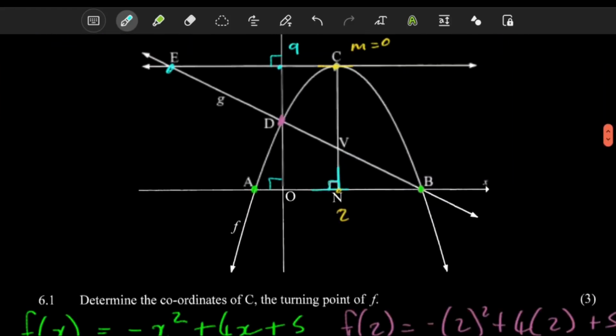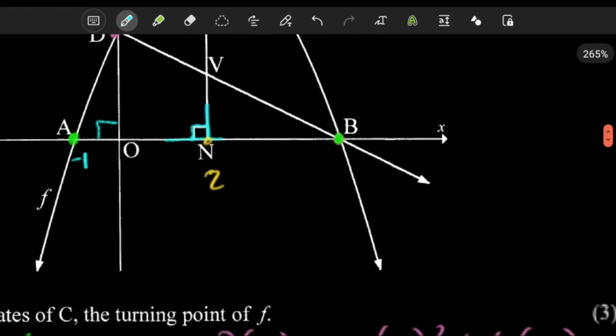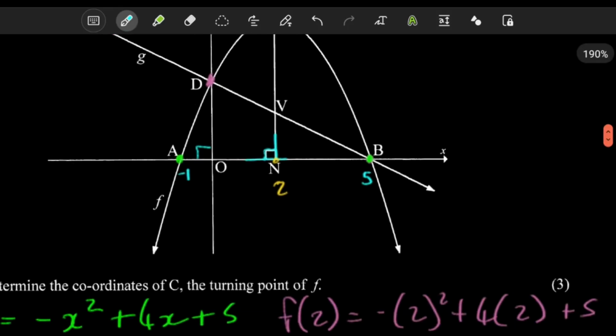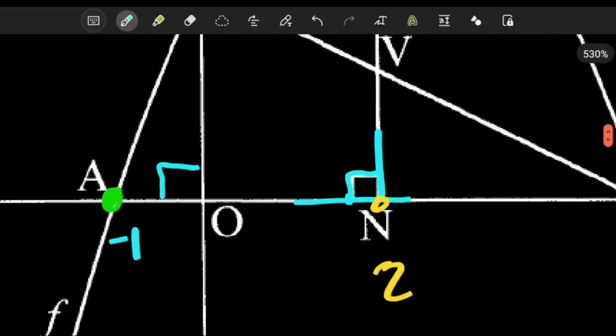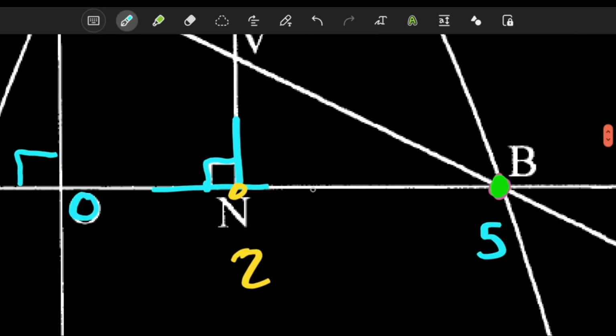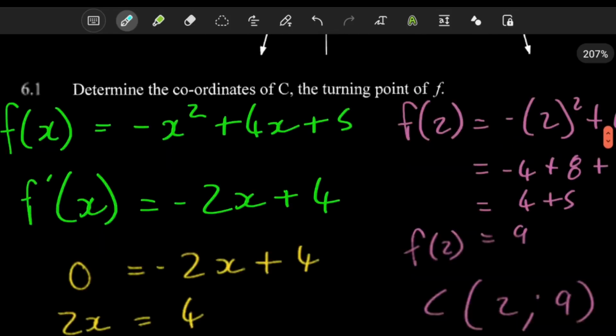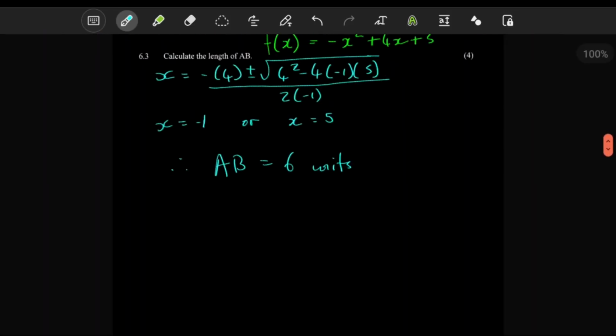So here you're going to put -1, here you're going to put 5. Just logically speaking, this is 1 unit to the left, this is 5 units to the right. So the distance here is 1 plus 5, which is just 6. Therefore AB is equal to 6 units, because you're looking at the distance from the origin. This is 1 unit to the left, 5 units to the right, so the distance is just 6 units apart. Nothing crazy with this question. You don't even have to overthink anything.